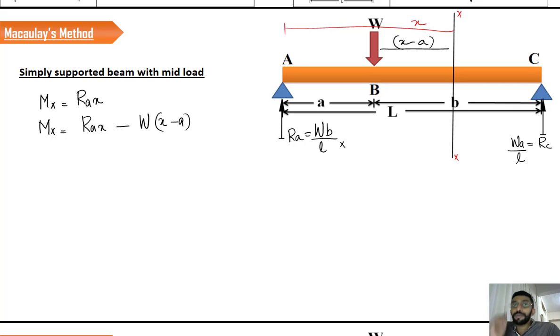If we compare these two equations, that means the last equation we derived for the section BC, we can see that the first term, RA into x, is nothing but the moment of the section AB. For the section AB, the equation for the moment was RA into x, and that particular term is reflected in the equation of BC, and that is how we have to derive the general equation for the section.